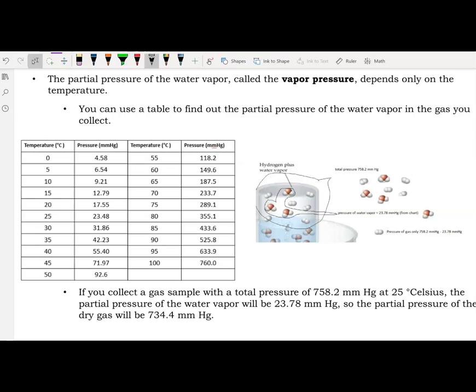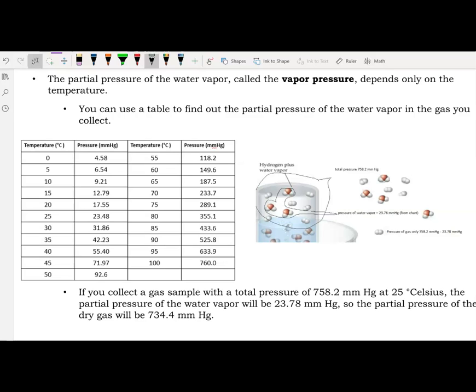So let's say the room temperature is 25 degrees Celsius, and the room pressure is 770 millimeters of mercury. Because this is in millimeters, 770 minus 23.48 to get rid of the water will give me the pressure of the gas.